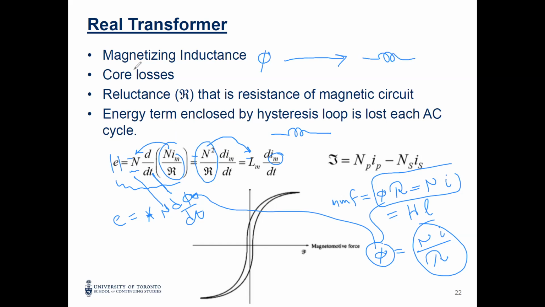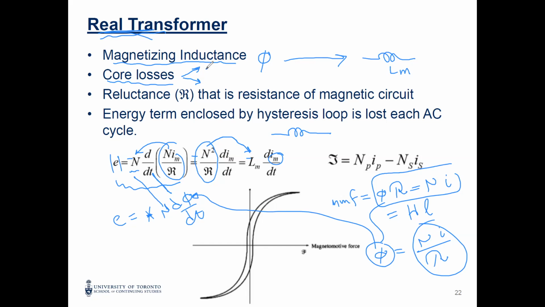For the real transformer, we will have something called the magnetization inductance, Lm. Because it's a real transformer, we will also have something called the core losses. Core losses are actually two things.